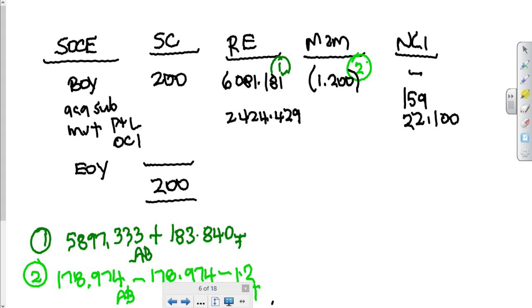So the difference between the 22 and the 26 is what must go to sub. Okay, so the total OCI was the 32 something. Some of it belongs here and some of it here, to split it. Do you agree?